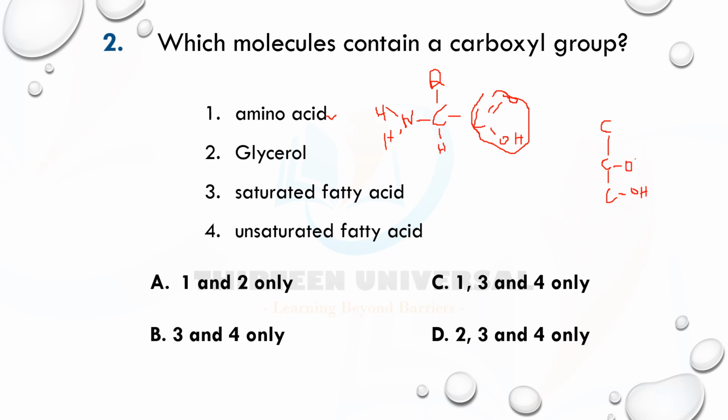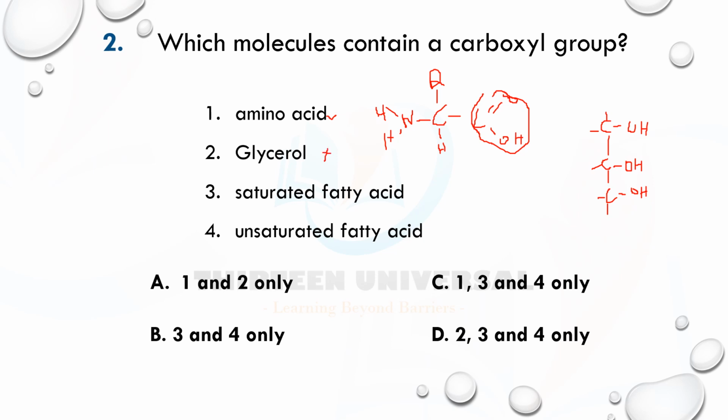So it does not have a carboxyl group. It has only OH. The other parts are surrounded by hydrogen: hydrogen is here, hydrogen is there. So the functional group is OH here, and it doesn't have a carboxyl group.